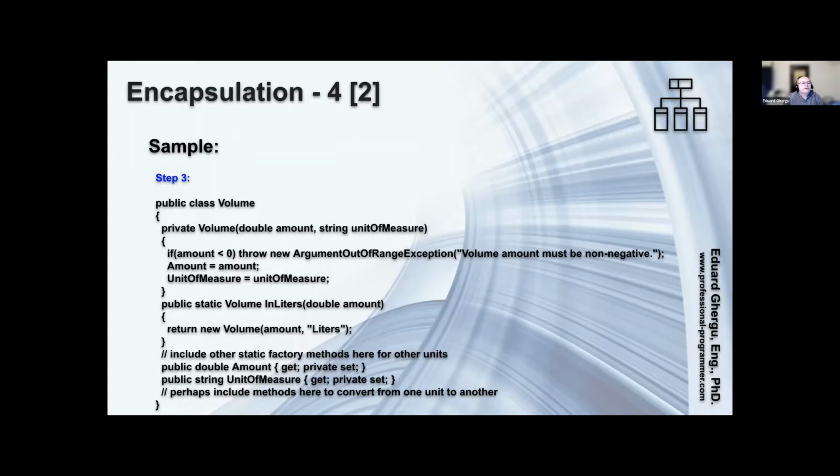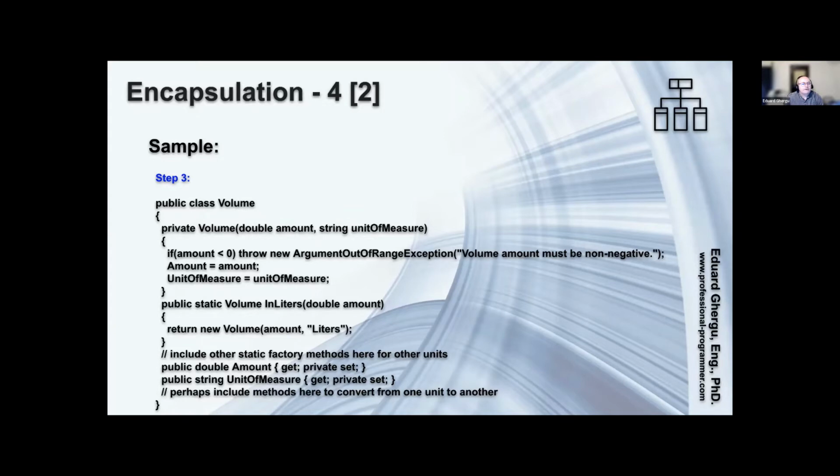And this volume, if you watched the previous presentations related to domain-driven design, can be treated as a value object. So something that has value and is self-contained in the end.